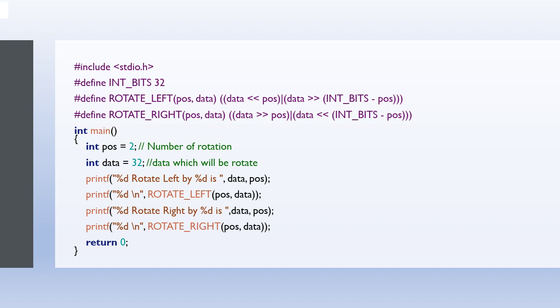We can straight away call the macro rotate left by passing the position and data, and rotate right by passing data and position here. This is how we can do it in a simpler manner, but those macros are very important. Please remember the macros which we used.